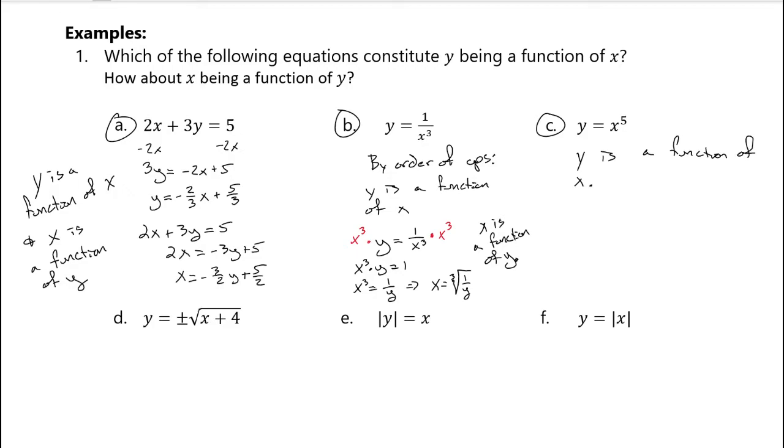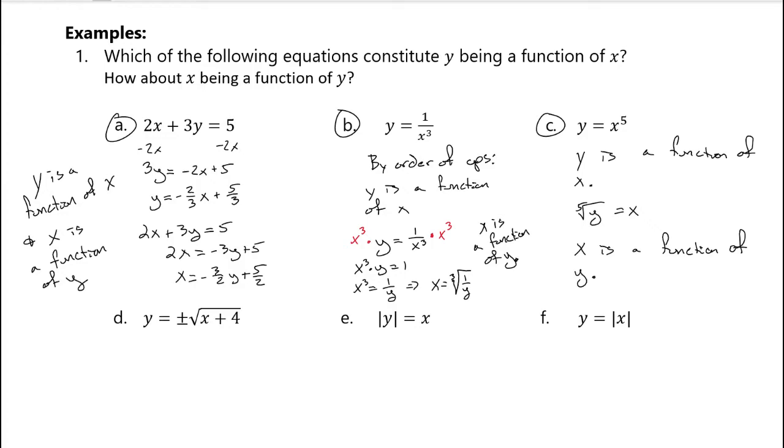If I take the fifth to the other side and say that I have the fifth root of y equals x, by solving for x, just move that x to the fifth over to the other side as a fifth root, we see that if I take any y value, then I can take its fifth root and I'll only get a single x value. X is a function of y as well.